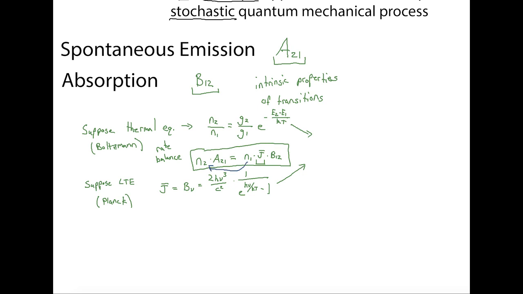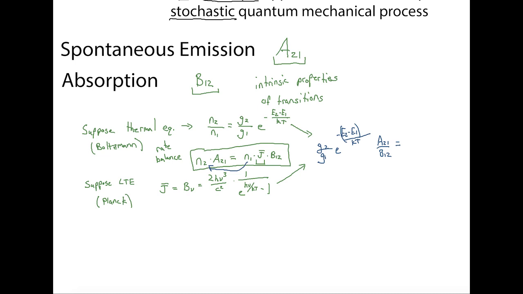If I divide the N1 onto the N2 side so that I have N2 over N1, which I can replace with the Boltzmann condition, I have that g2 over g1, e to the minus (E2 minus E1) over kT, times A21 over B12 is equal to, and now I have J bar on this side.